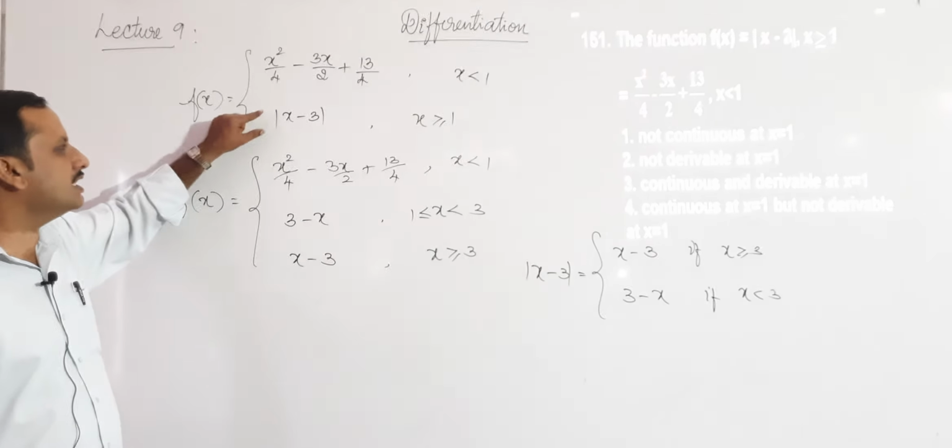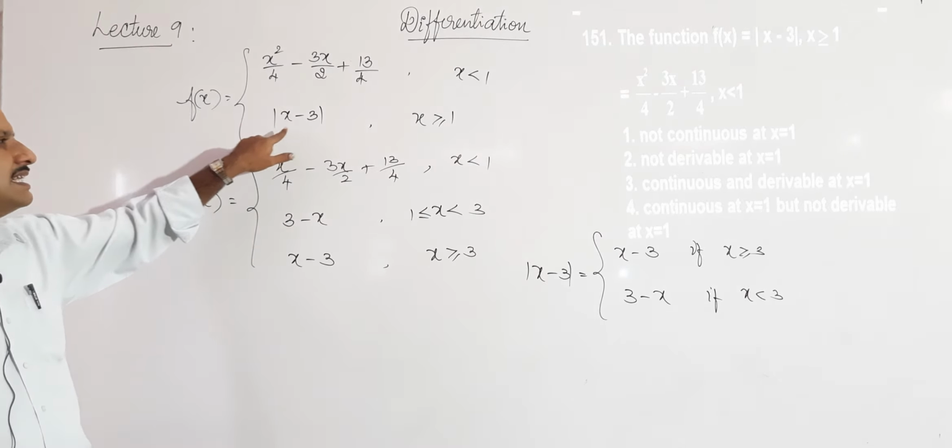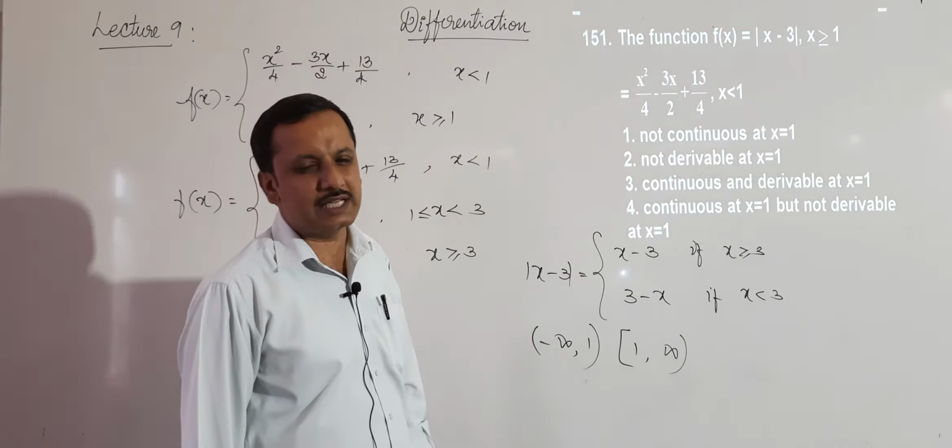See, in the given function they have defined f of x as mod x minus 3 whenever x is greater than or equal to 1. When x is greater than or equal to 1, that means I am talking about 1 to infinity, right? So the function is defined like this. Minus infinity to 1, it is defined like this, and 1 to infinity it is defined as mod x minus 3.